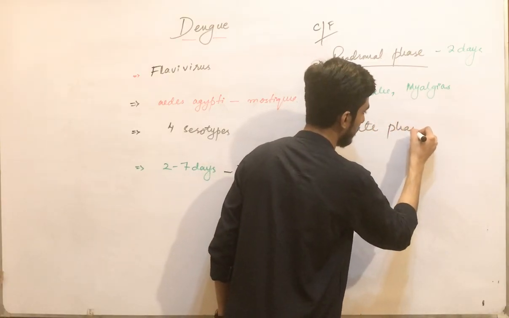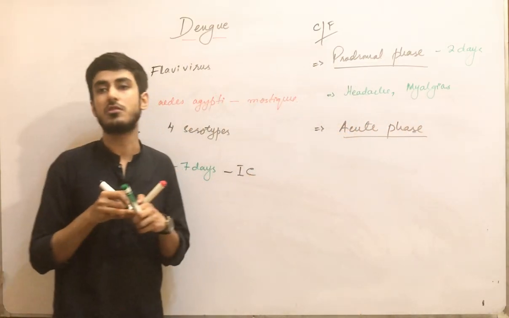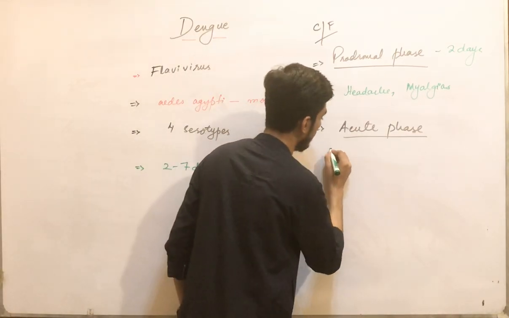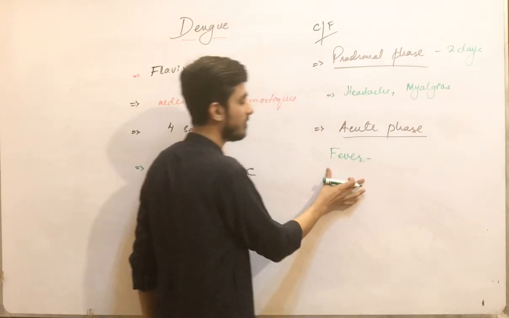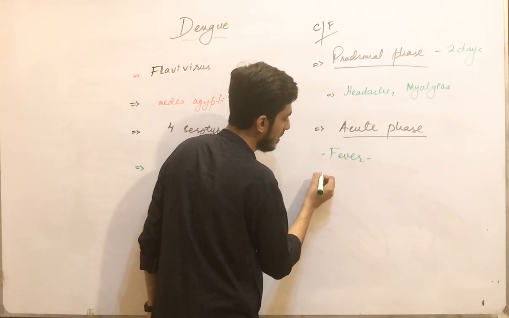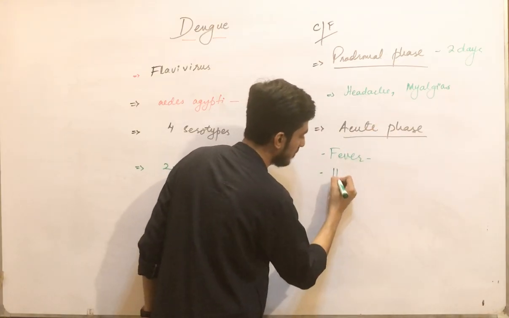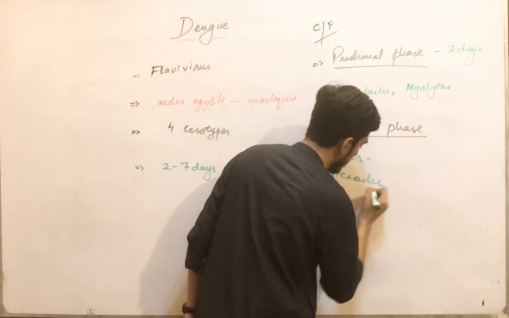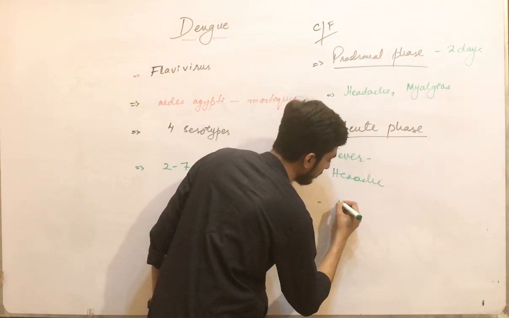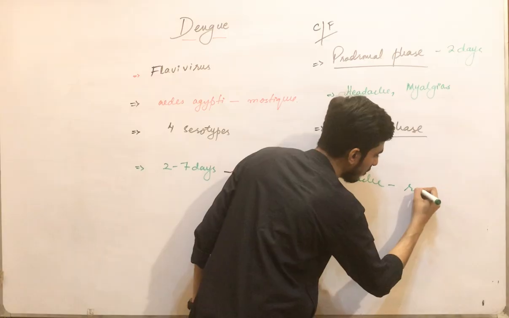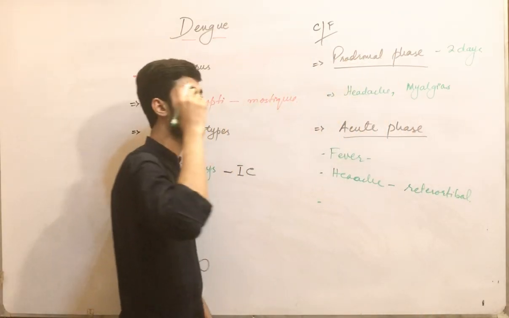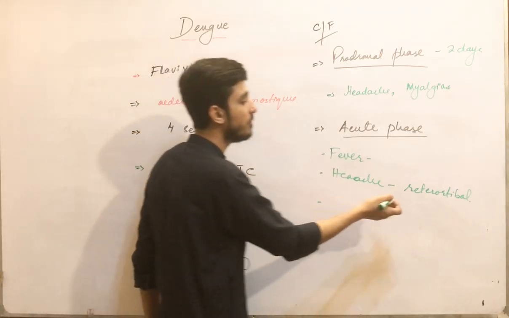Here the patient will be presenting with the full blown features of dengue fever. The patient will be having fever. What type of fever will be there? Just wait a second, I will be discussing this further. The patient will obviously have headache, with retroorbital pain, meaning pain on movement of the eyes.